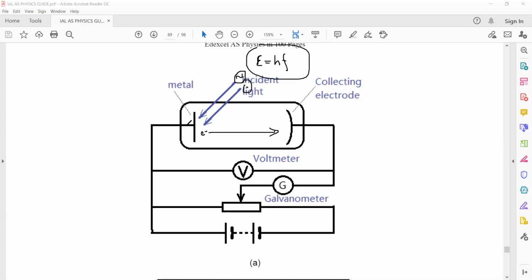When photons strike, the minimum possible energy required for an electron to be removed is called the work function.